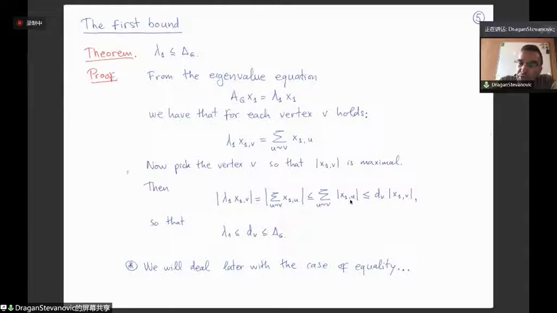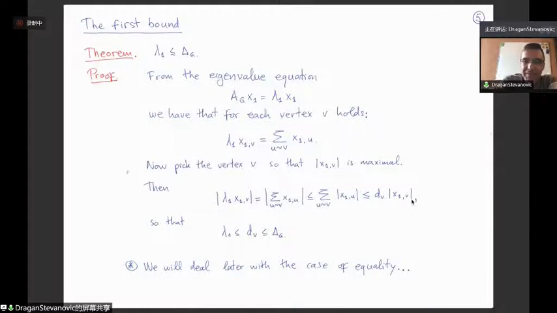But now, each of these absolute values, absolute value of x1 u, is less than or equal to the absolute value of x1 v. That's why we chose v to be the maximum. And then the number of such summands is equal to the degree of v. So it is less than or equal to the degree of v times the absolute value of the eigenvector component of v.